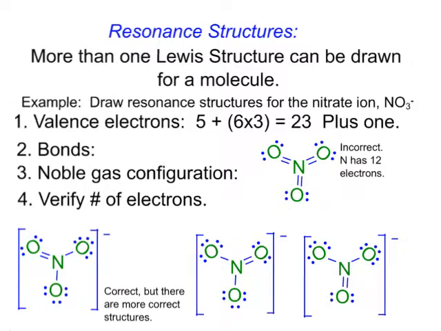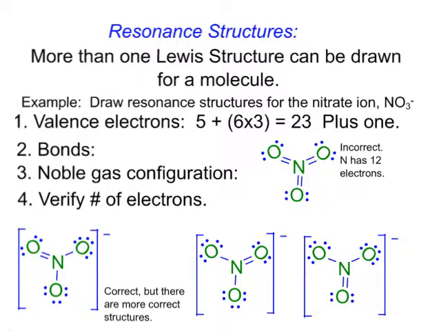I wrote that it's incorrect, and you can guess why. If we do this, oxygen's octet is filled 2, 4, 6, 8, but nitrogen is way too full. In this drawing, 2, 4, 6, 8, 10, 12 electrons are going around nitrogen, and that's not correct.